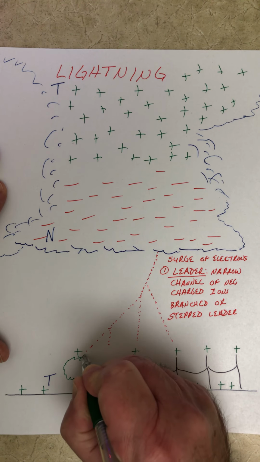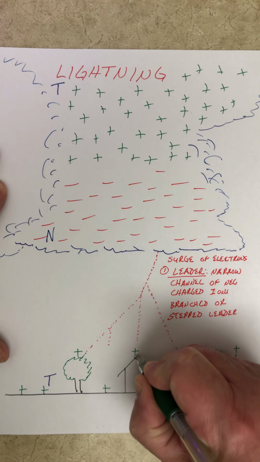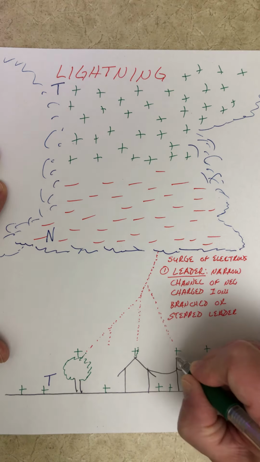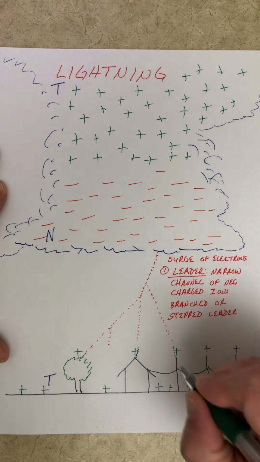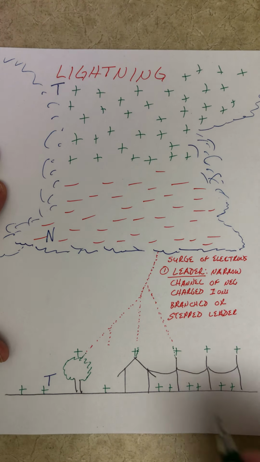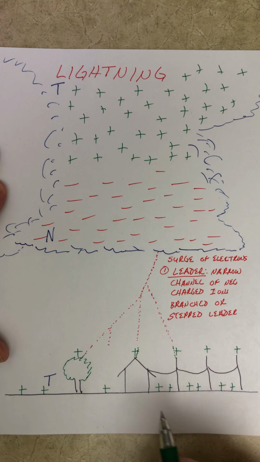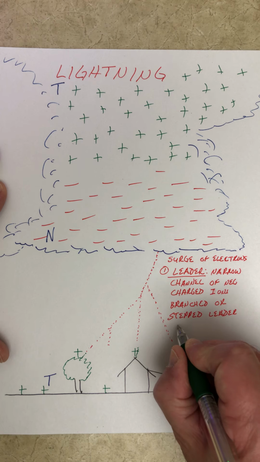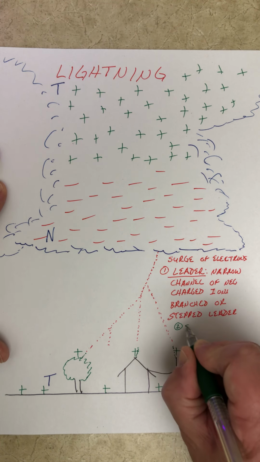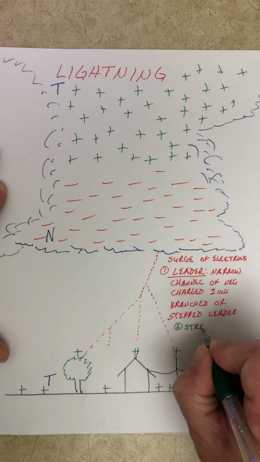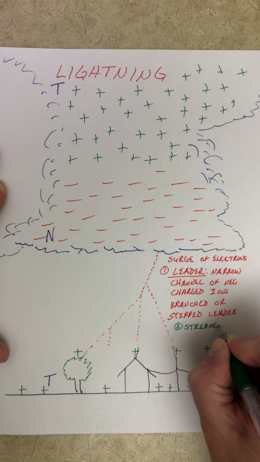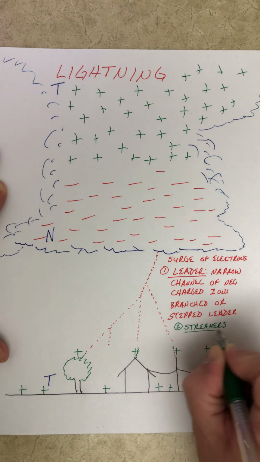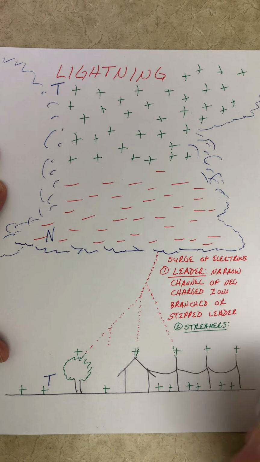Okay, so you get these little pulls of positive charges from the Earth's surface up towards these negatively charged leaders or stepped leaders. Okay, these positive charges that are pulled up are called streamers. That's the second part of our lightning bolt.